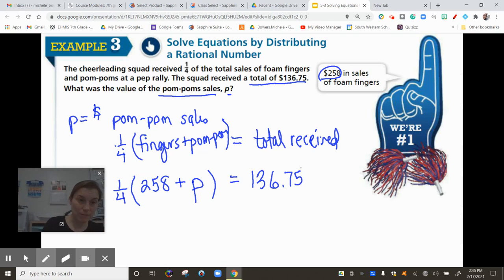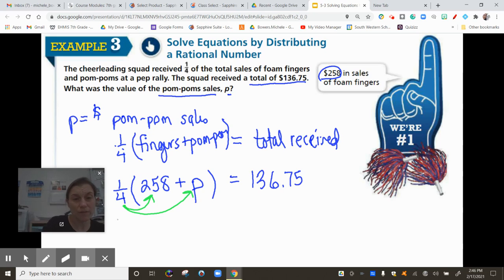So there's your equation. Now, if I'm going to solve this equation, the first thing I need to do is distribute the 1/4. So 1/4 times this number and 1/4 times this number.